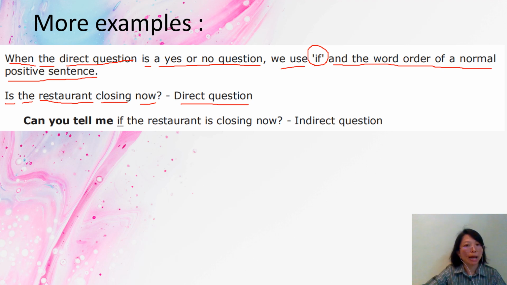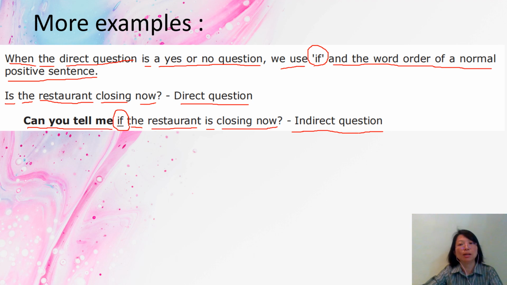So if this direct question is a yes or no question, then you can change it into an indirect question by using can you tell me, then you write if the restaurant is closing now. So this is how you change the yes or no direct question into an indirect question.